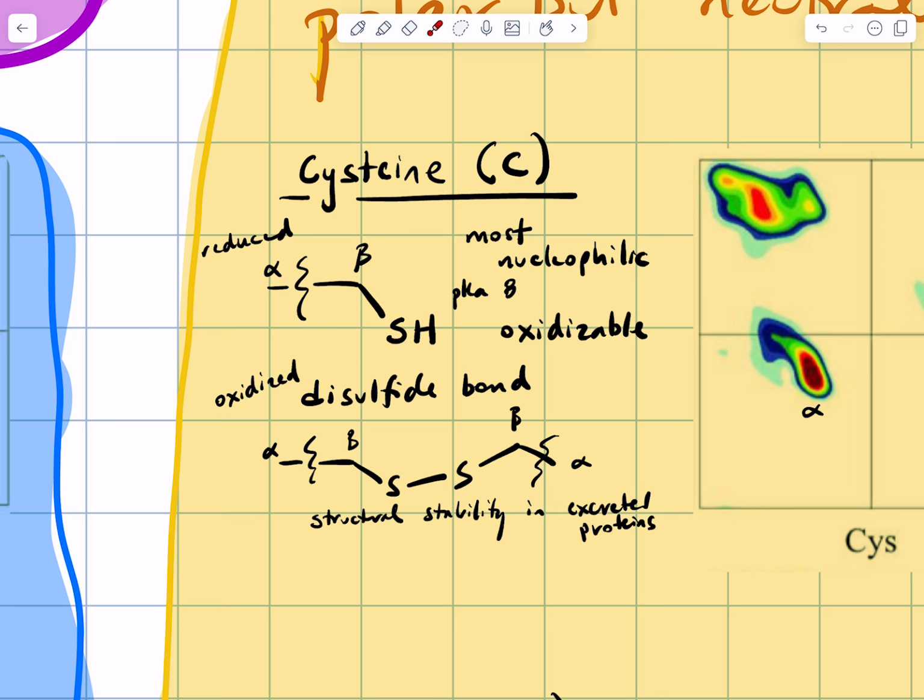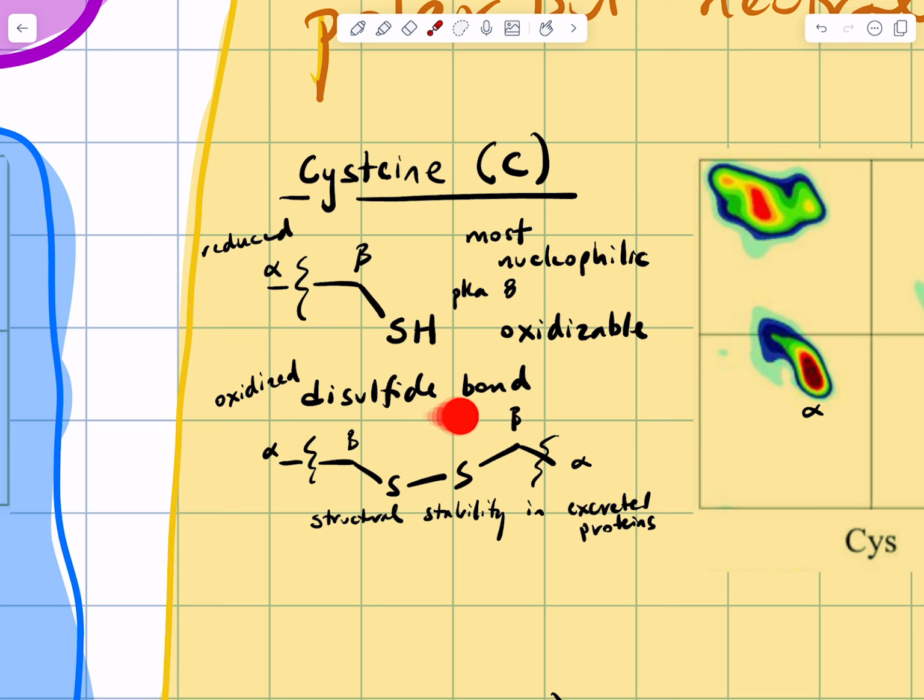Another interesting thing cysteine can do that other amino acids can't is the sulfur is oxidizable, and you can form what's called a disulfide, in which two cysteine side chains get together. They lose basically H plus and H minus, so one equivalent of H2. They lose it to form this cross-link between sulfurs.